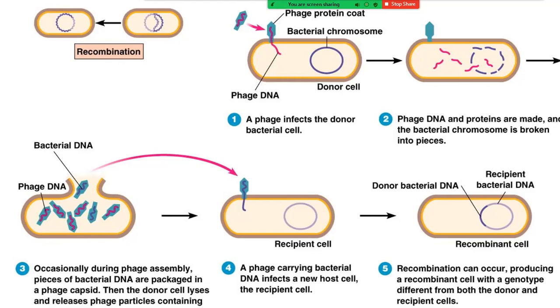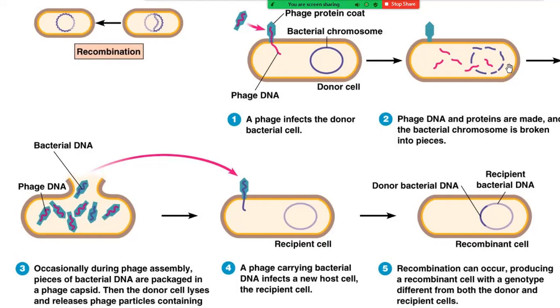Okay, but now let's see what happens when this virus infects a cell. It will infect the cell, attach to it, and then pump its genome into the cell. However, what is pumped into the cell is not viral DNA.